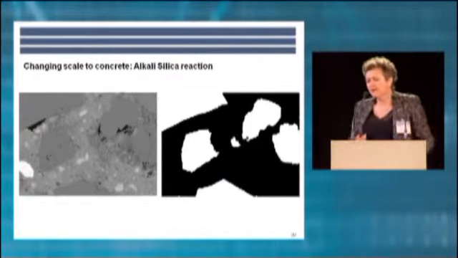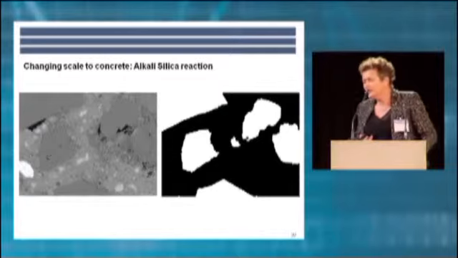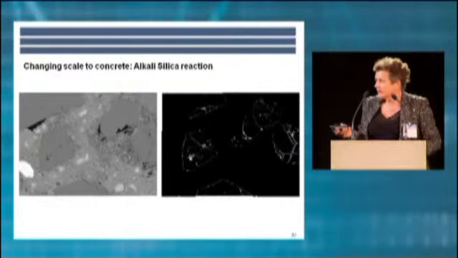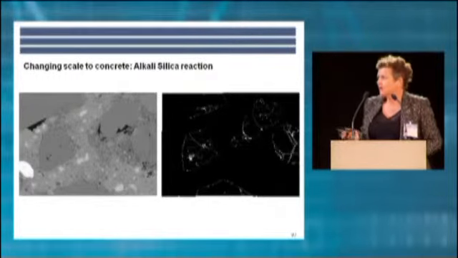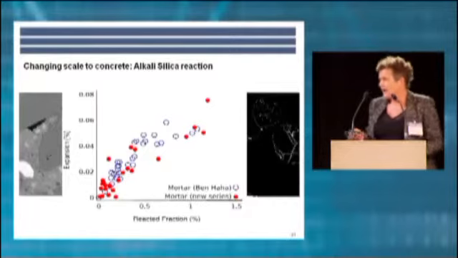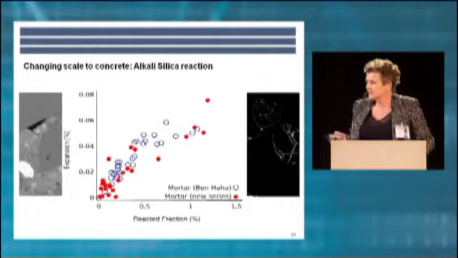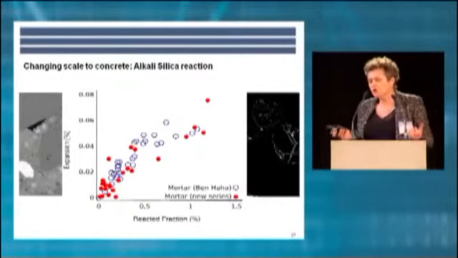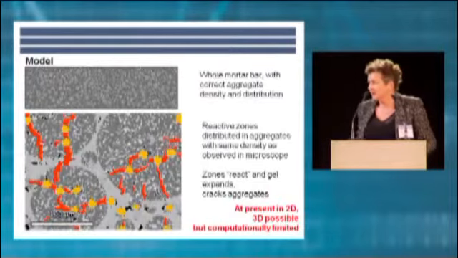In a lot of aggregates, particularly aggregates we find in affected structures which react very slowly, the alkali-silica reaction happens within the aggregates. We can quantify that by this image analysis technique, and what we can in fact see is that the amount of reaction correlates very, very well with the macroscopic expansion across a whole range of different aggregates.